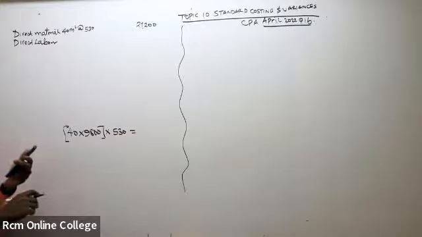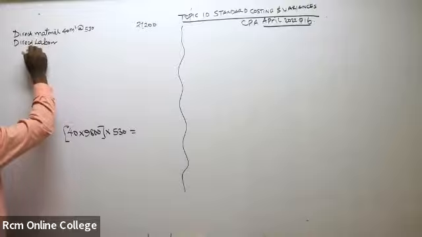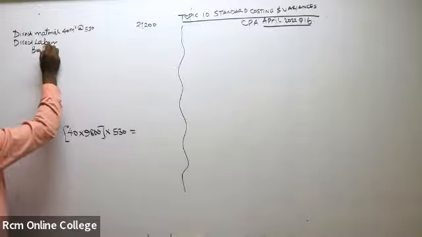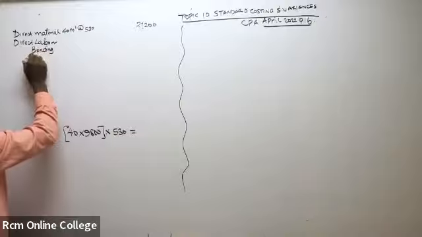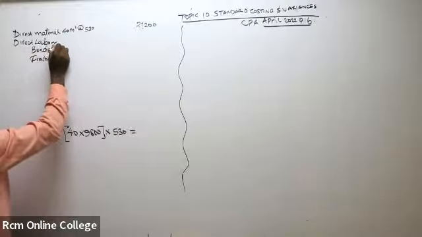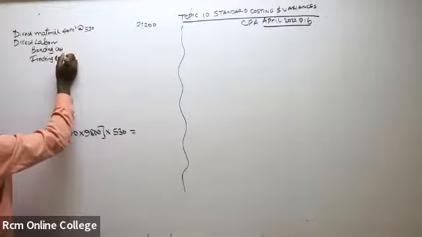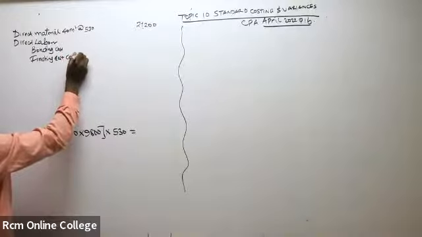We have bonding, cost center, and finishing. So we have bonding and finishing. Finishing cost center.